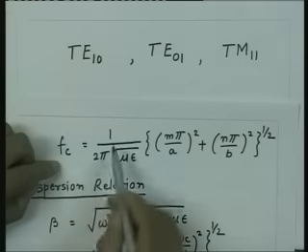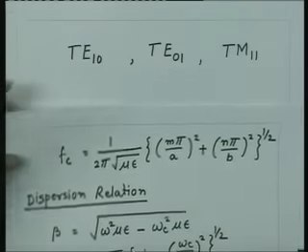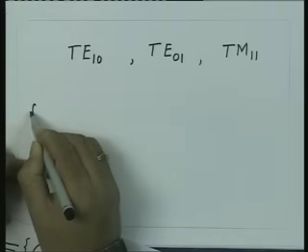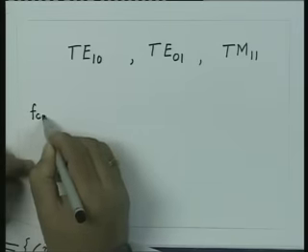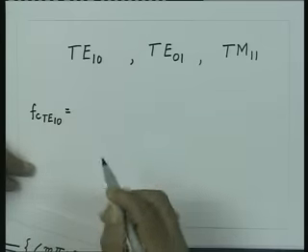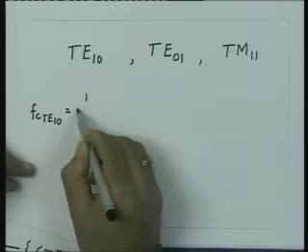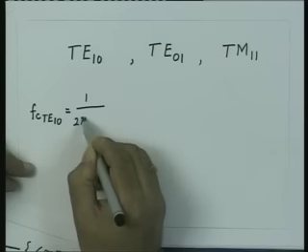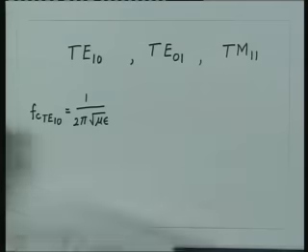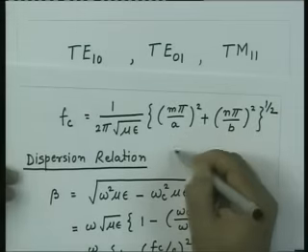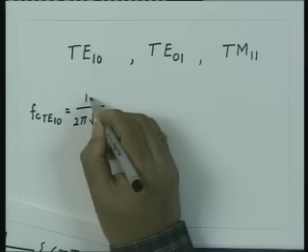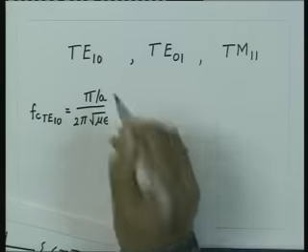So, the cutoff frequency will be 1 upon 2 pi square root mu epsilon. If I write down the cutoff frequency for this, this will be Fc TE10, equal to 1 upon 2 pi square root mu epsilon into pi upon a, because n is 0, m is 1.